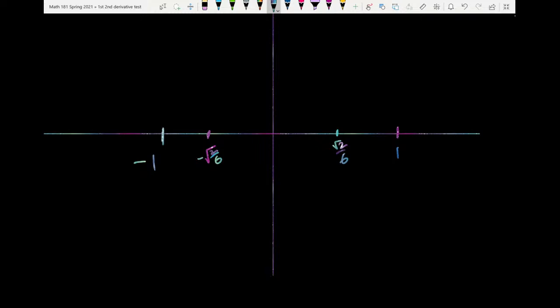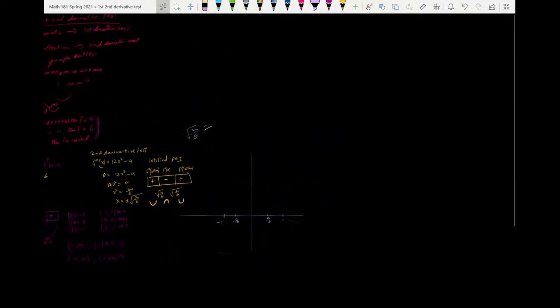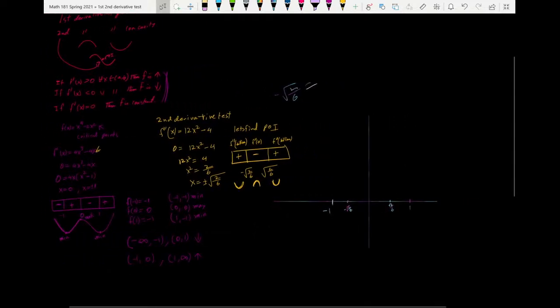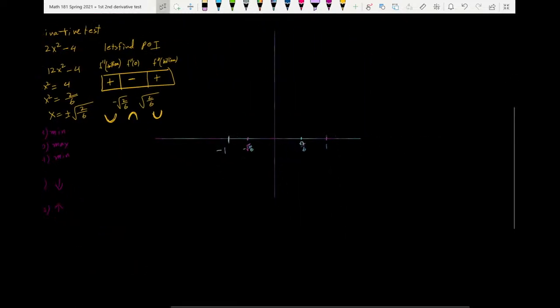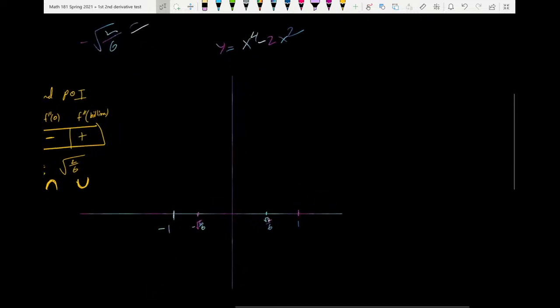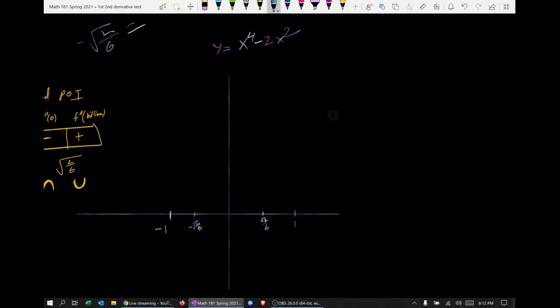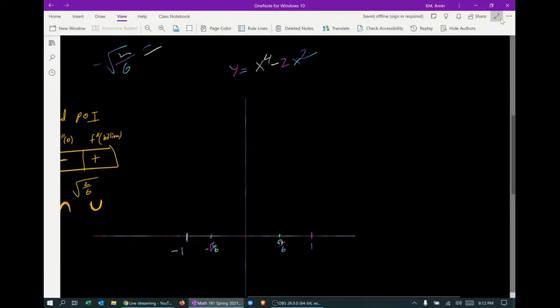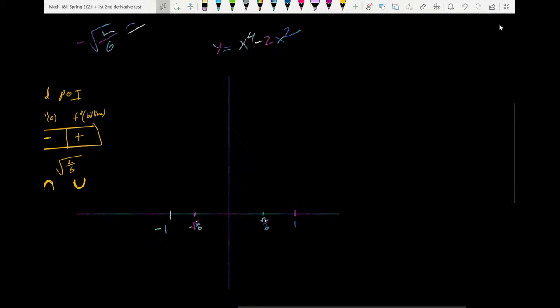All right. What else do we know about this function? Let me write down the function right over here: y equals x to the 4th minus 2x squared. Well, if you remember your Math 127, this is degree 4. So it's even degree, and because the leading coefficient is positive, both tails will behave up like that.